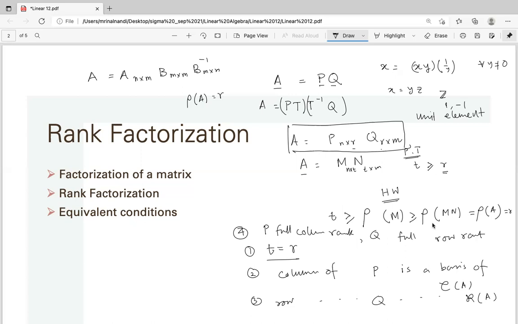So the proof is intuitively clear now. The row space of A is actually the row space of Q in this case. So these are all equivalent conditions, and this is called rank factorization.